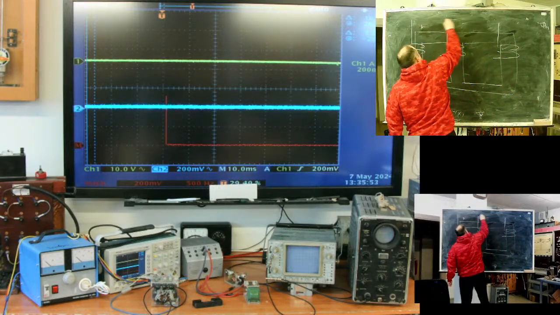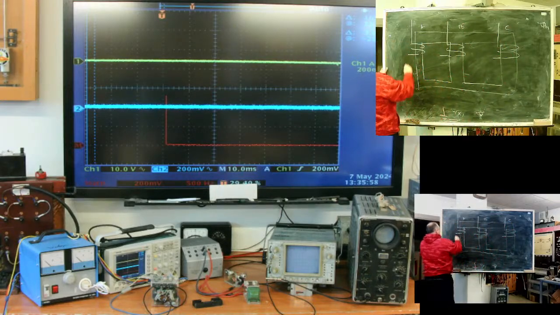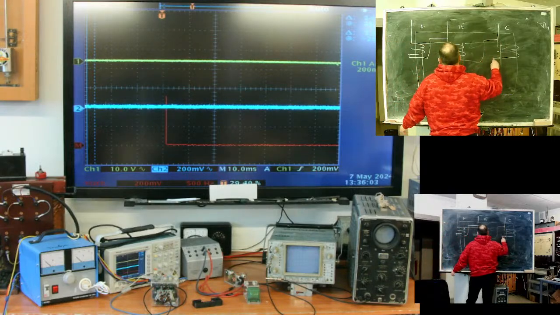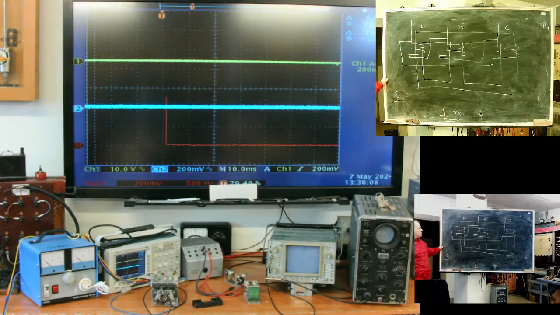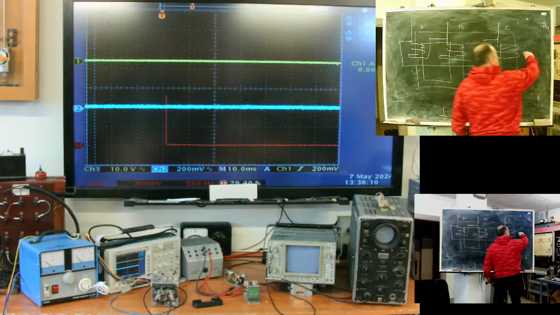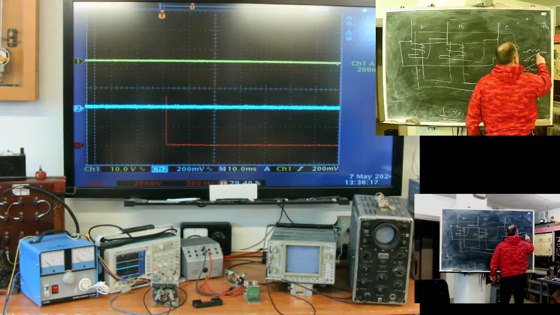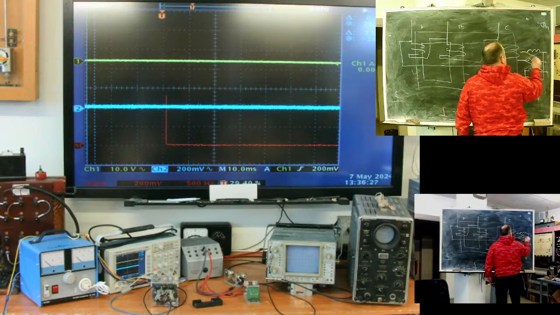Let's say A, B, C phase. Oh, this one is nice.